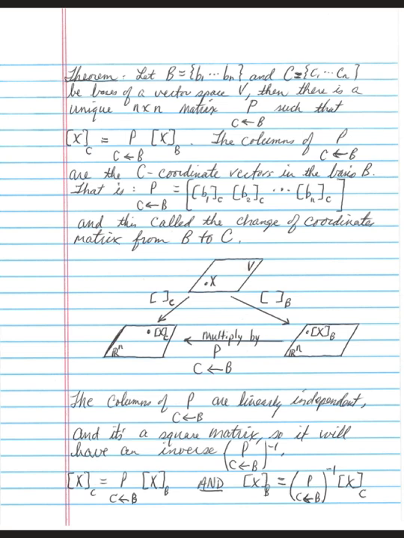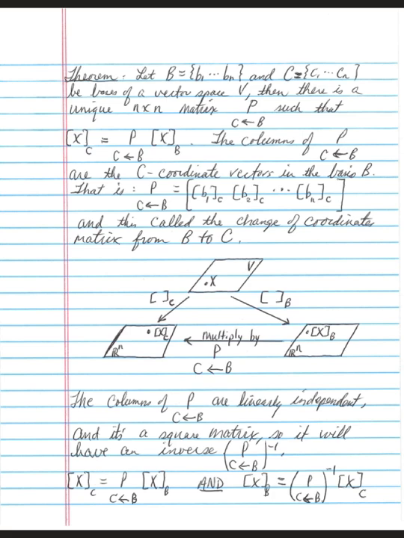Theorem: let B be the set of vectors B1 through Bn, and let C be the set of vectors C1 through Cn. And we're going to let these two be bases of a vector space V. Then there is a unique n by n square matrix. The notation's a little tricky. What this does is we're going to have a matrix.